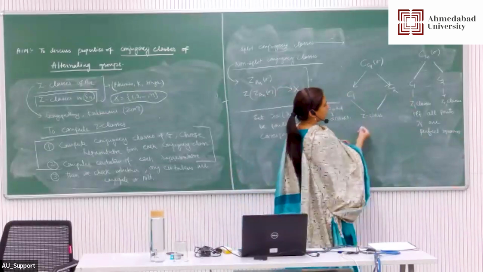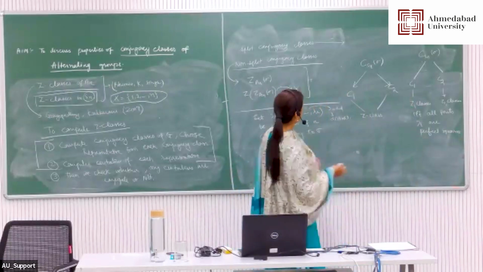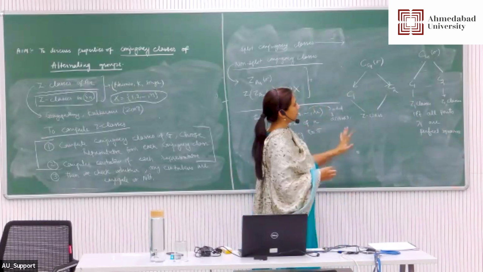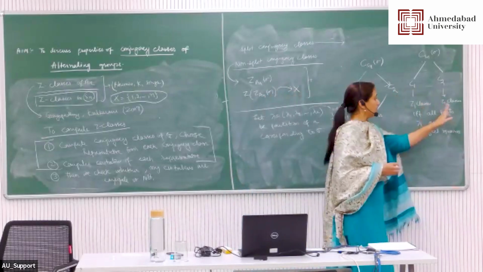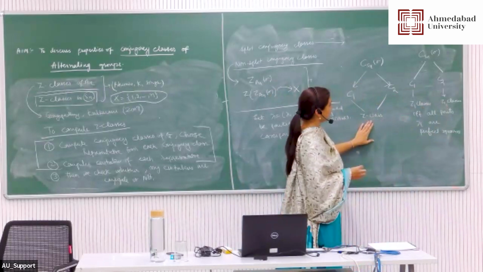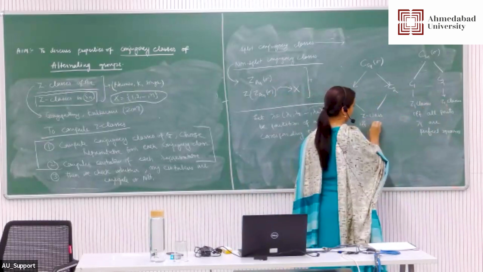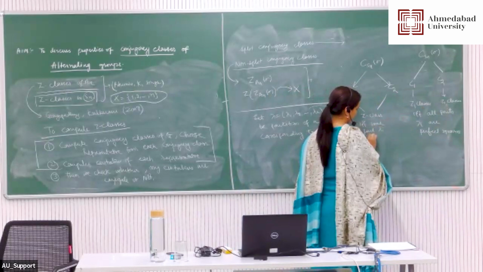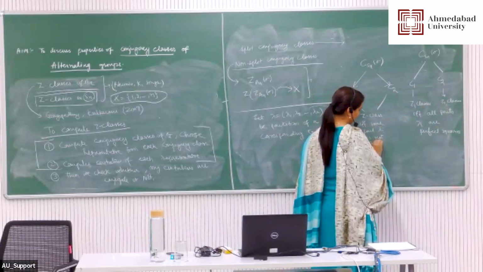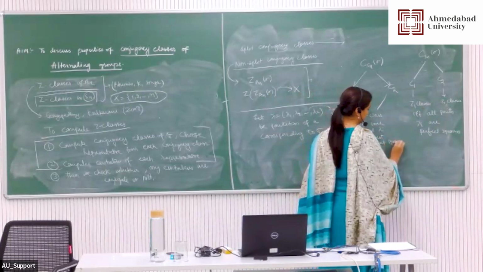If each part is a perfect square, only then they form different G classes. If some part is not a perfect square, then they form the same G class.